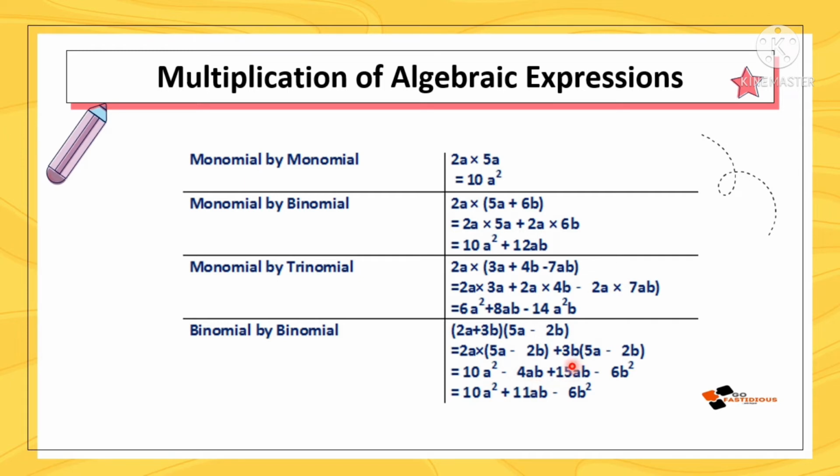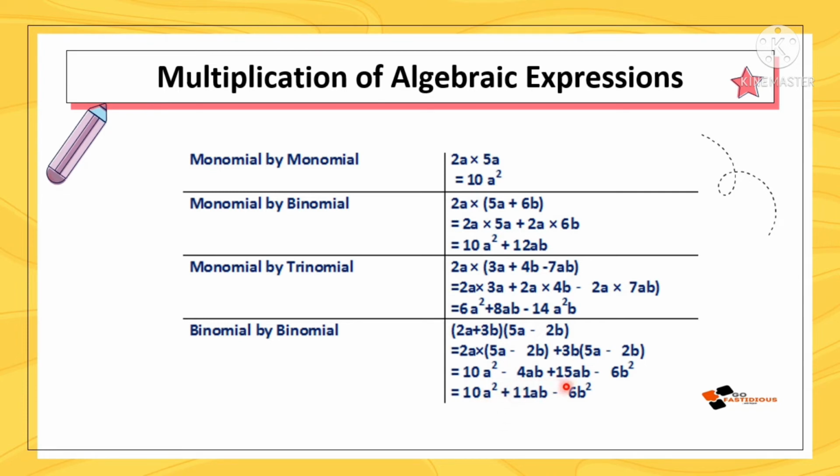Now this 3b will multiply by 5a. 3 into 5, 15, b into a is ba or ab. Then 3b will multiply by minus 2b. 3 into 2 is 6 with negative sign, and b into b, b square. Now let's check whether we have any like terms or not. 10a square is a single term here, so we will write it as it is, minus 4ab plus 15ab.